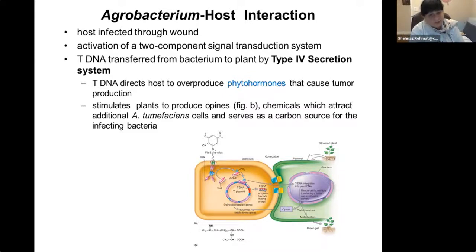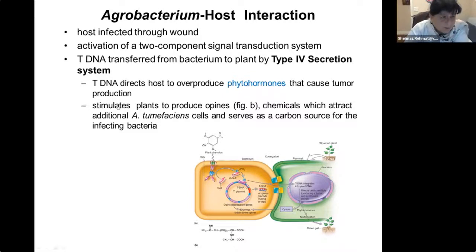So the Agrobacterium is an example of a type 4 secretion system, where the tDNA will be transferred into the plant. The tDNA directs the host to produce certain phytohormones, and these phytohormones will eventually cause the tumor production. I'm not interested in all of that, just in what kind of transfer system is used to transfer the DNA from the bacterium into the plant.